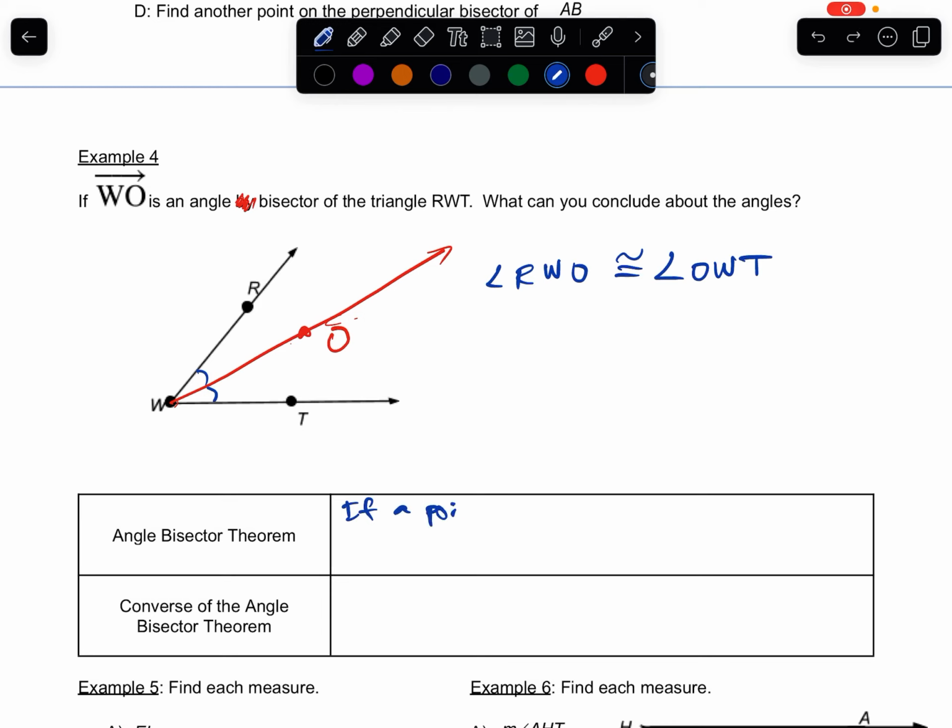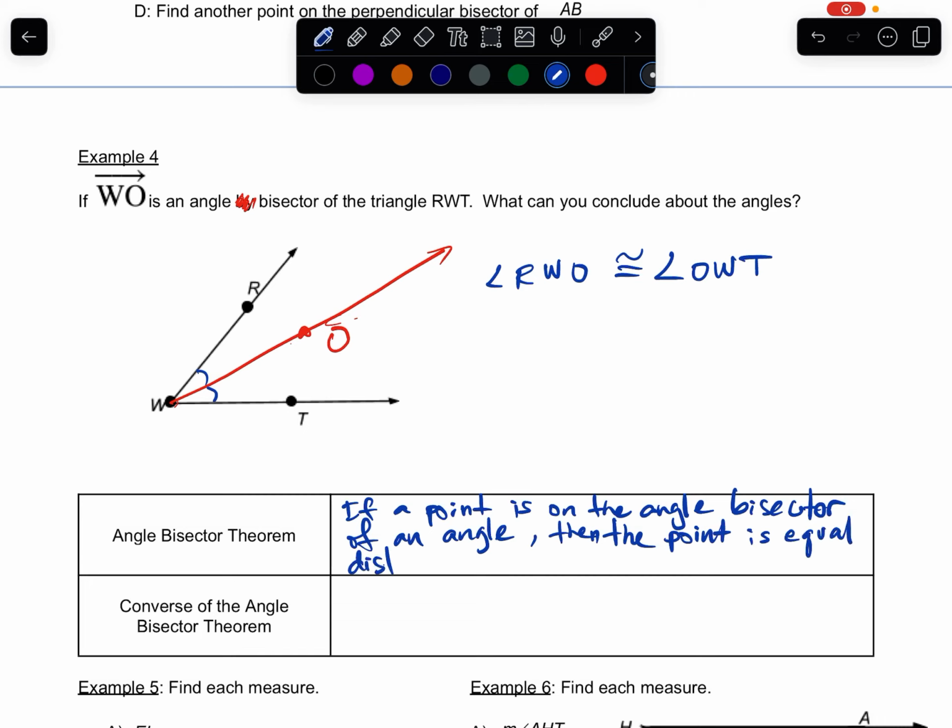So if a point is on the angle bisector of an angle, then the point is equal distance to both sides of an angle.